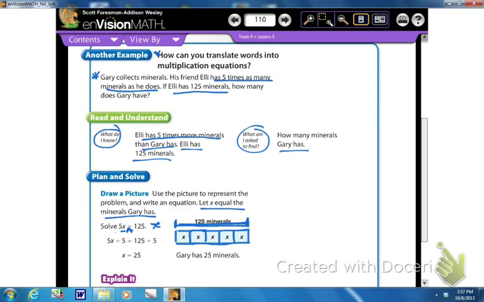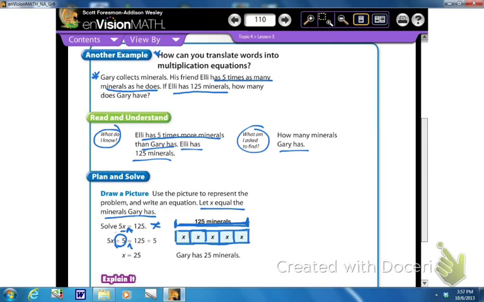I have to do something that will cancel out that 5 times x. So they go ahead and divide by 5. And again, like I've said, sometimes you'll just see, and you might have seen me do this before, just put it over 5, which means divide by 5, because that would just cancel it out. But they go ahead and put divide by 5. So we'll leave that there. And that will cancel out the 5 times.